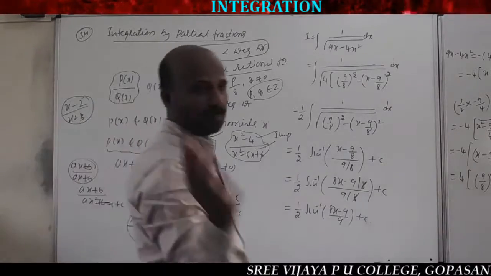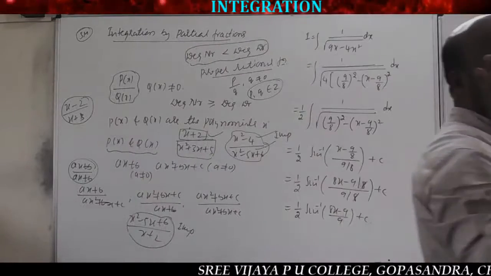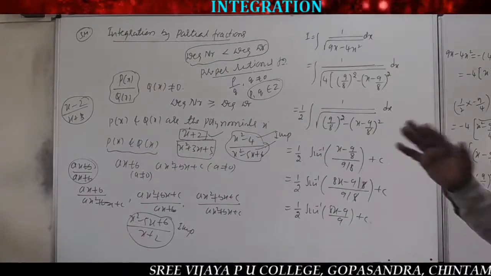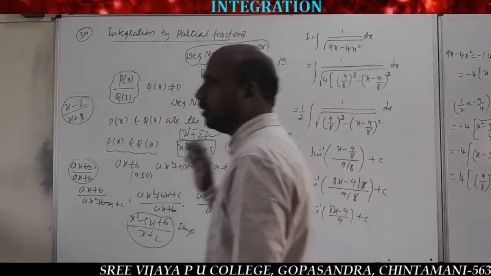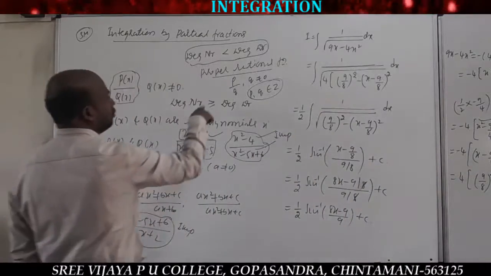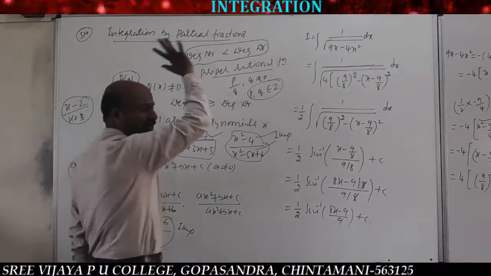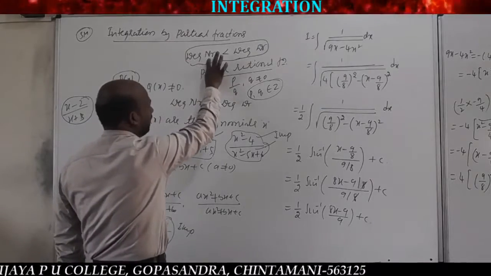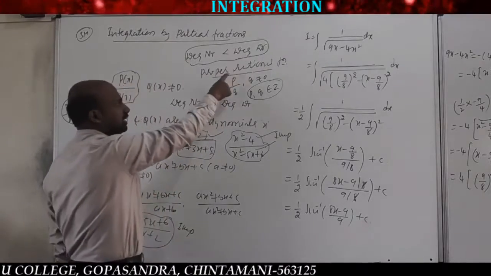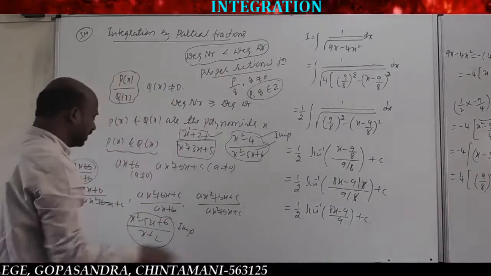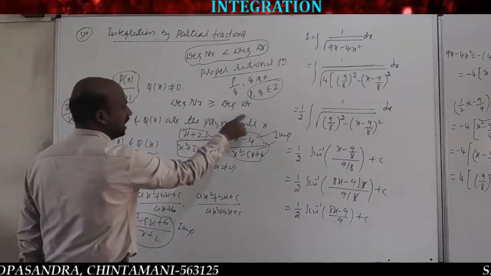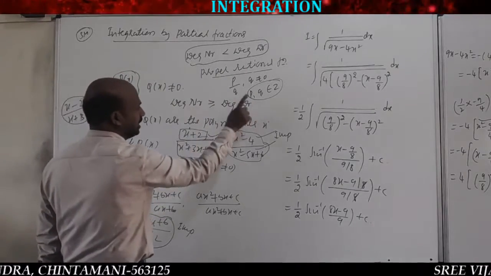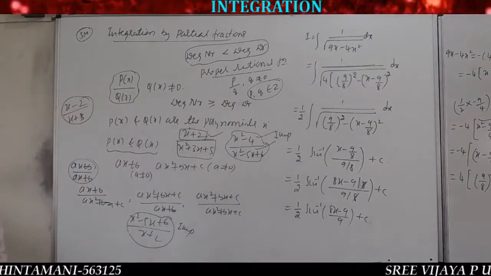So, it depends upon identifying whether it is a proper rational function or an improper rational function. We have to check whether the degree of numerator is less than the degree of denominator. If so, then it is a proper rational function. If the degree of numerator is greater than or equal to the degree of denominator, then it is an improper rational function.